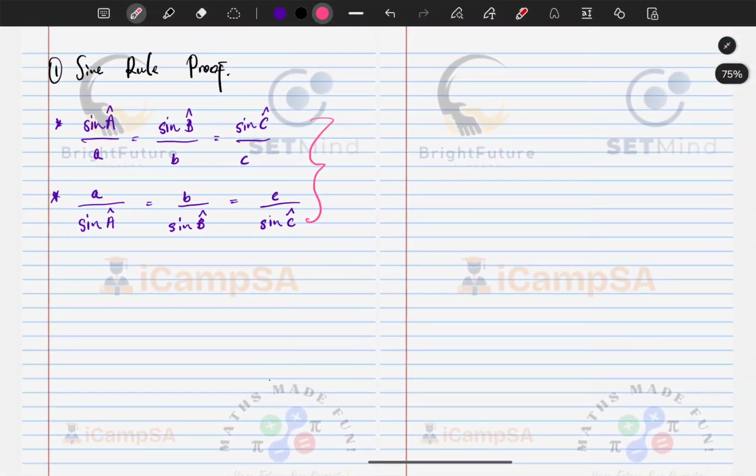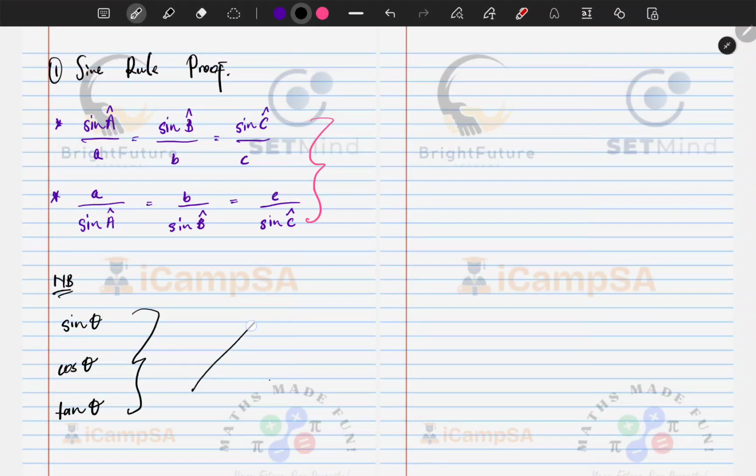But before we go into that, I want you to take note of your trigonometric ratios, which are very important: sine theta, cos theta, and tangent theta.